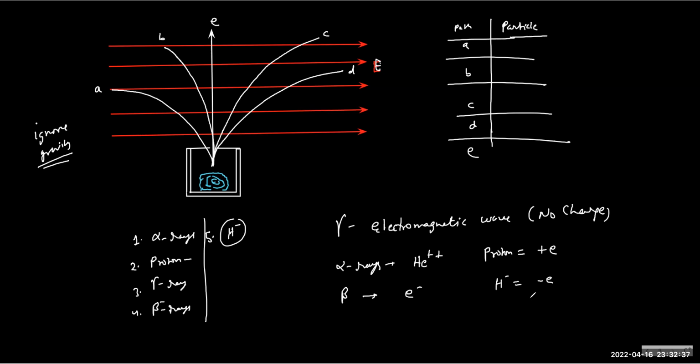Sir, the no charge, the gamma rays will be E. Yeah, right. Sir, the proton will be C, and then the alpha particle will be D. Yes.